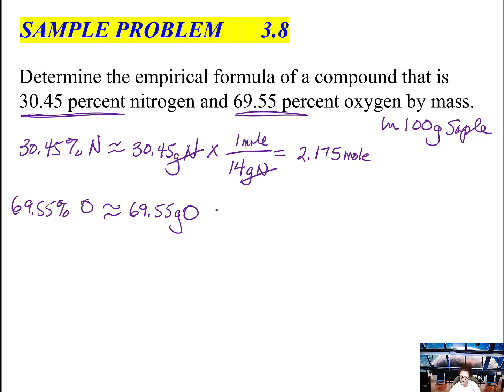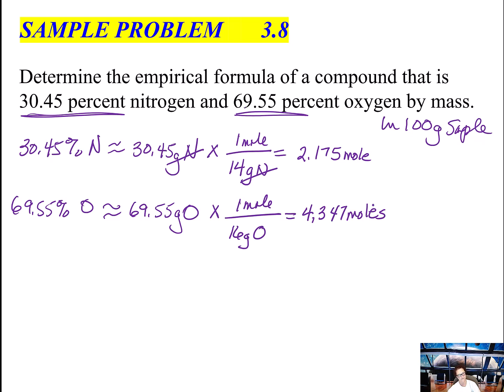And then oxygen is 16 grams. And then 69.55 divided by 16 is going to give me 4.347 moles.